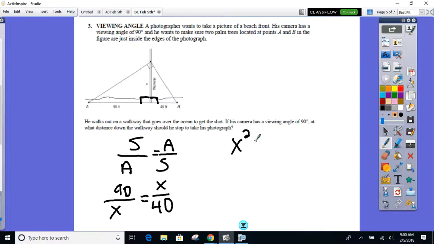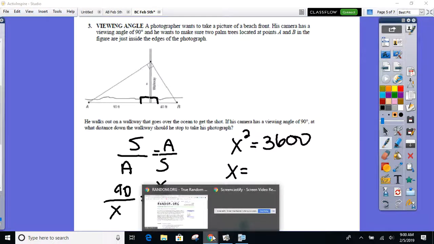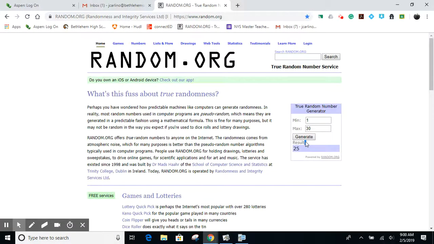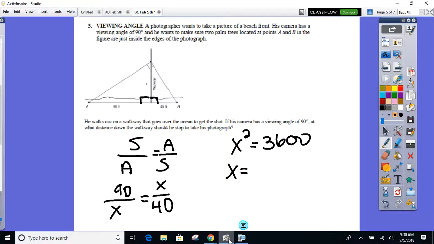X squared equals 3,600. How far out does he have to walk on the walkway? 25, you're up. How far? 60 feet. Thank you for attaching units as well.